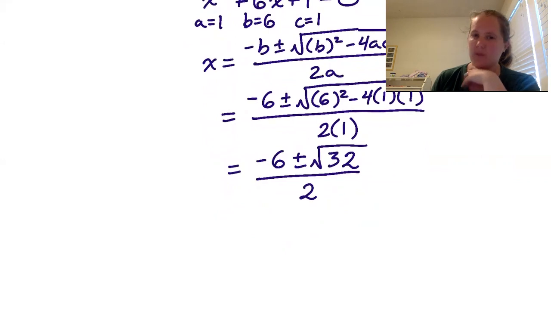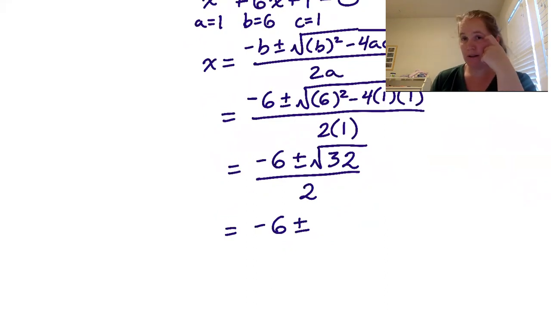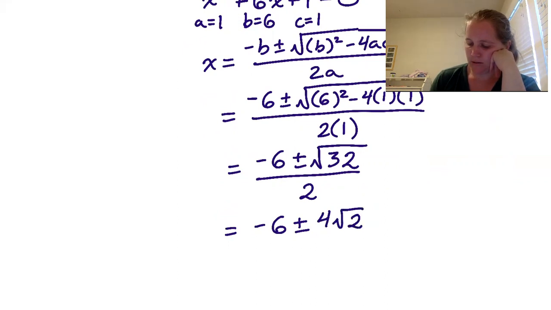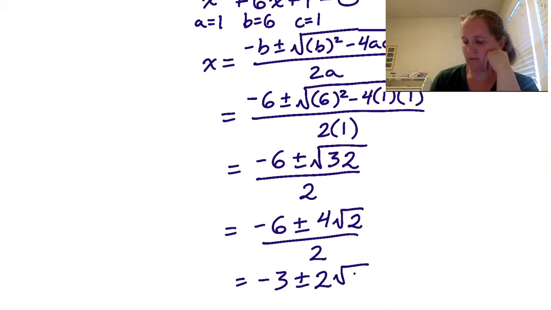We can do a little simplification. The square root of 32 has a 16 times 2 inside, so it simplifies to 4 times the square root of 2 over 2, or -3 plus or minus 2 root 2.